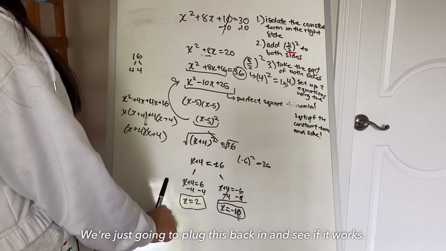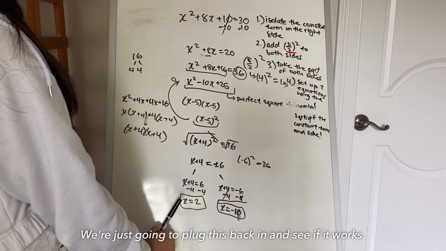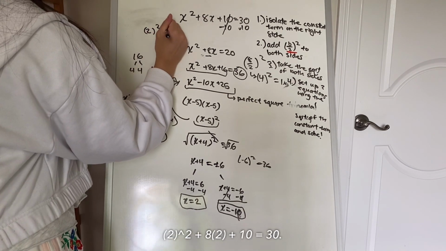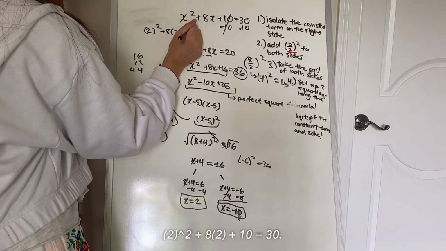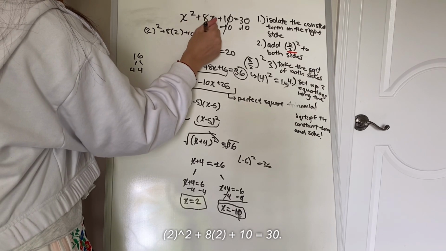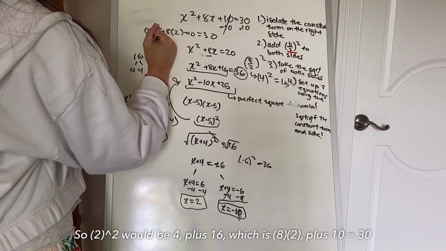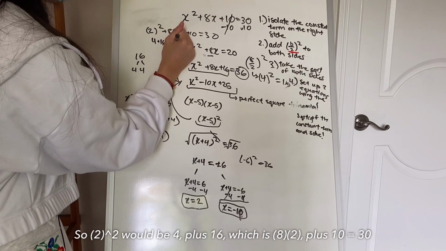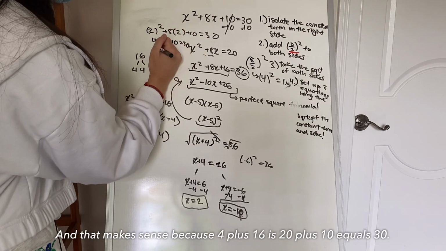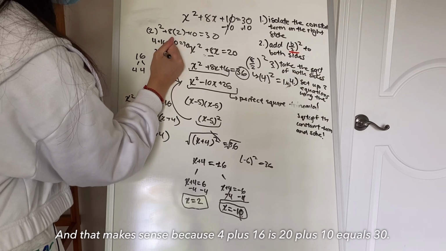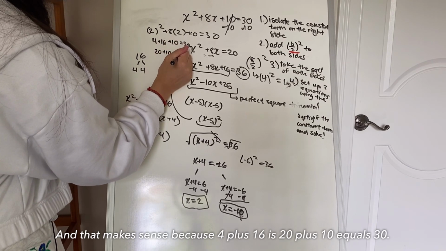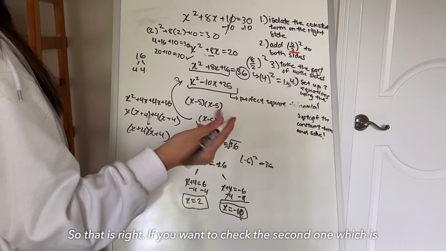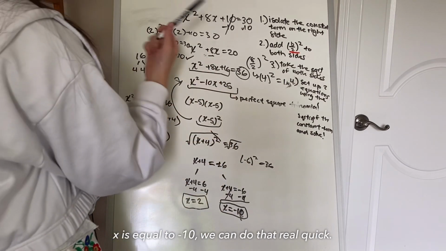We're just going to plug this back in and see if it works. 2 squared plus 8 times 2, plus 10 equals 30. So 2 squared would be 4, plus 16, which is 8 times 2, plus 10 equals 30. That makes sense because 4 plus 16 is 20, plus 10 equals 30. So that is right. If you want to check the second one, x equals negative 10, we can do that real quick.